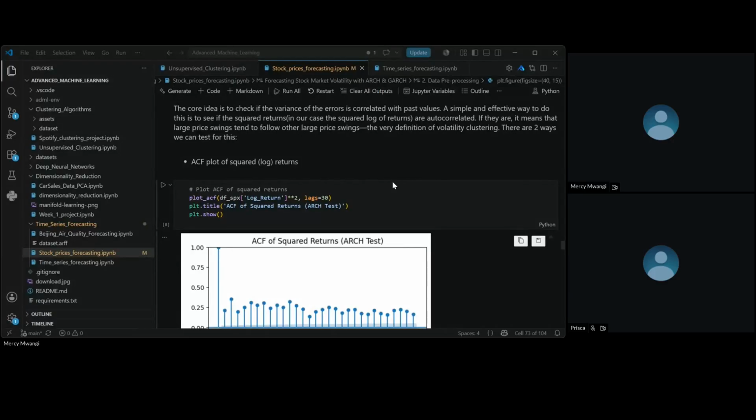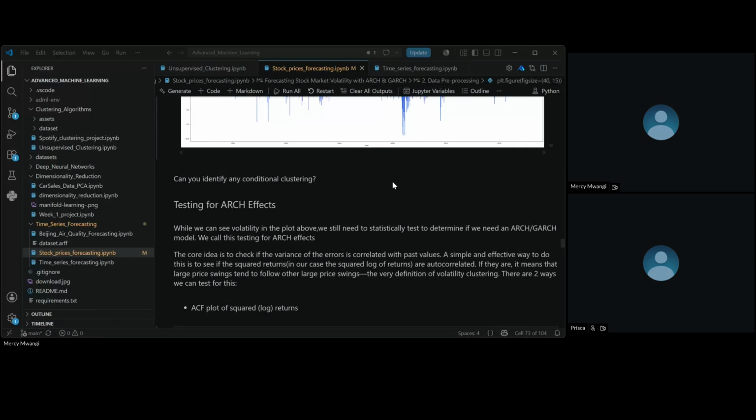So the assumption of conditional clustering means the volatility today is dependent on the volatility in the past. It's clustering because periods of high volatility follow periods of high volatility and periods of low volatility follow periods of low volatility. That's all you need to understand about GARCH, that concept of conditional clustering, right?